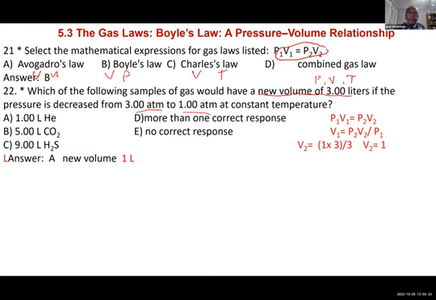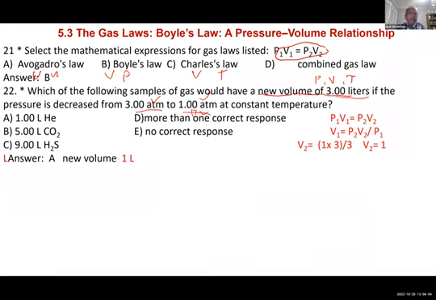P1 is 3. P2 is 1. V2 is 3. So V2 is the new volume.